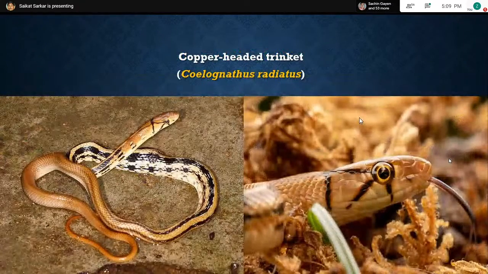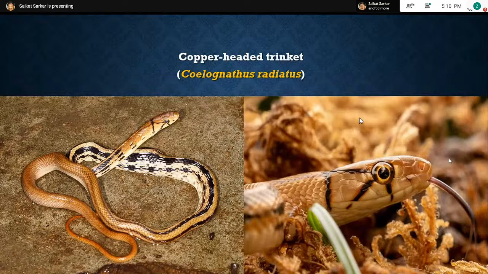Now this is the copper-headed trinket. Why is this important? Because this is the first of the colubrids where we could find three-finger toxins, which before that was believed to be a signature molecule type found in elapids only.